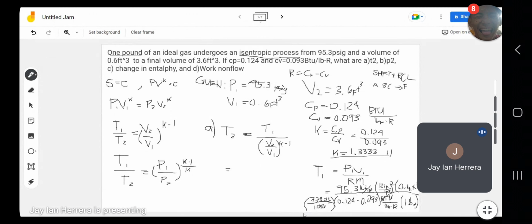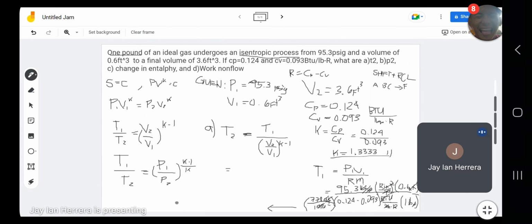So BTU cancels, mass cancels, force cancels, inches squared cancels, and feet merges with feet squared to cancel the cubic feet. Rankine from the denominator goes to the top.